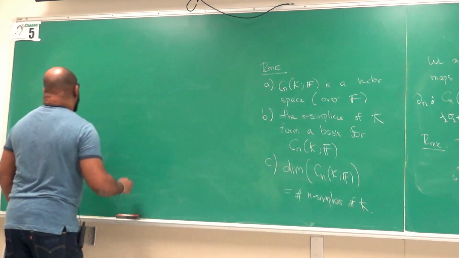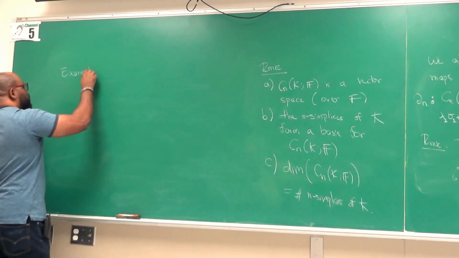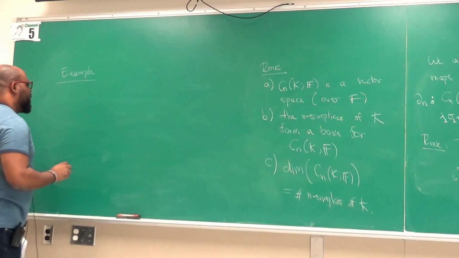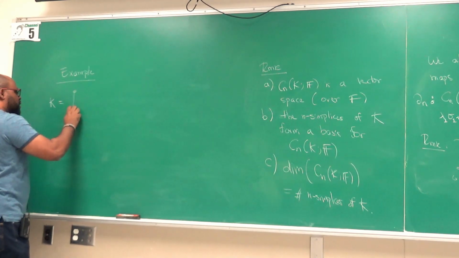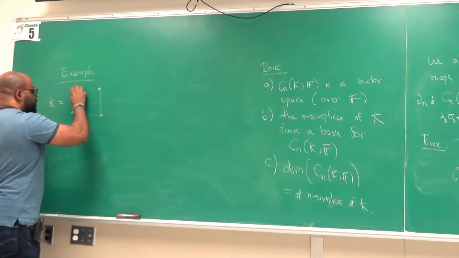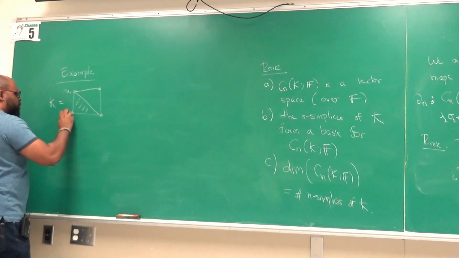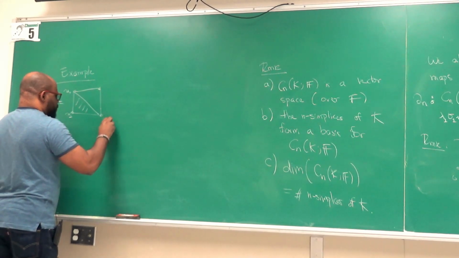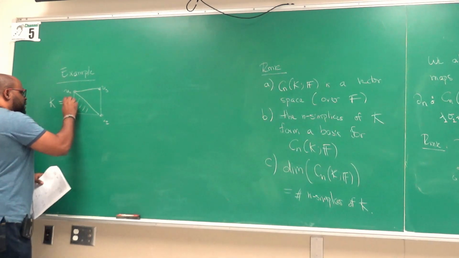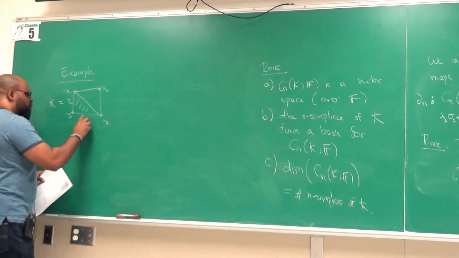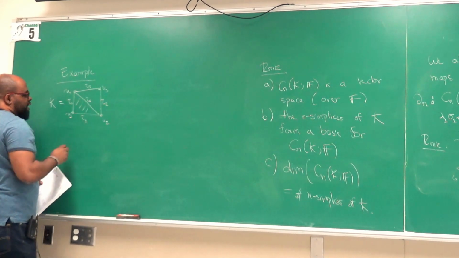Okay, so for this example, I'm going to take K to be the following simplicial complex. So it's got U0, U1, U2, U3. And it's got tau 0, tau 1, tau 2, tau 3, and tau 4 as edges.